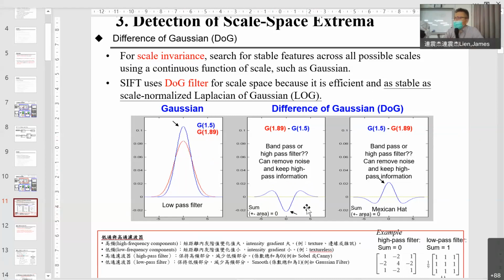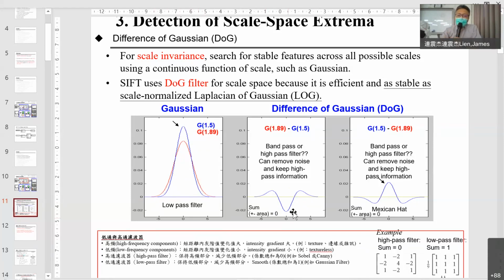And this is a high pass filter. For the high pass filter, this part is a positive area and this part is a negative area, and this is a positive area. For the low pass filter, the summation of the distribution is equal to 1.